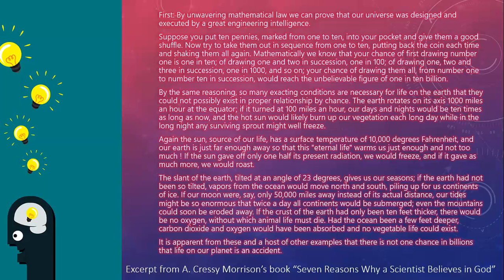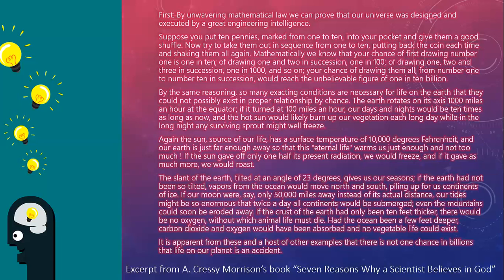He says, if not, we have 24 hours in a day, okay. But if it doesn't rotate on its axis 1,000 miles an hour at the equator, if it turned at 100 miles an hour, our days and nights would be 10 times as long as now. So what could be the implication of that? Well, of course, the morning hours would be longer, and the night hours would also be longer.